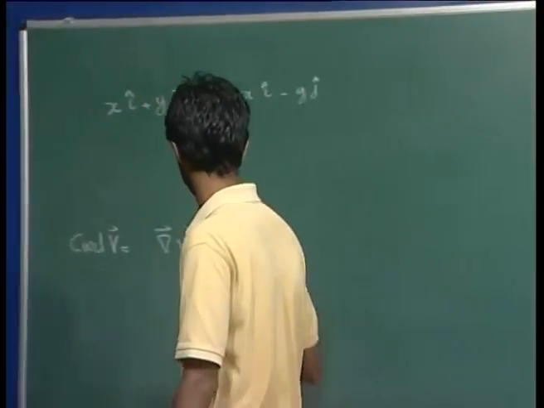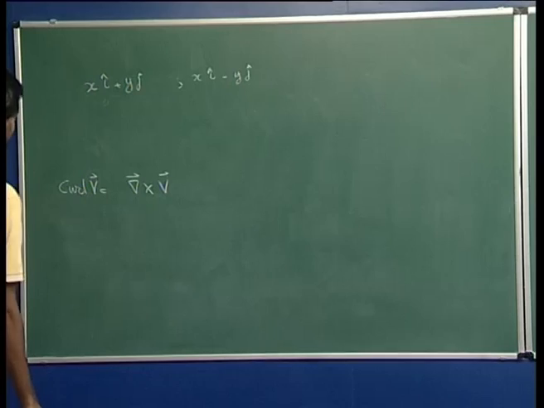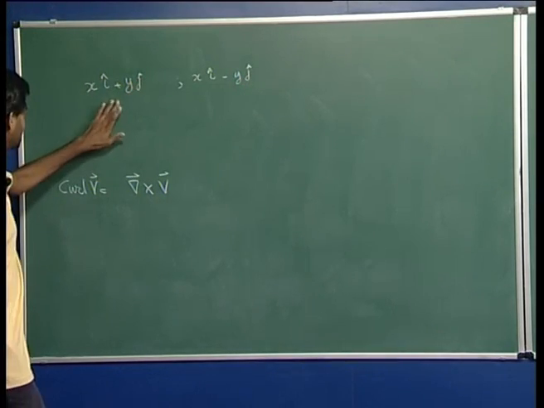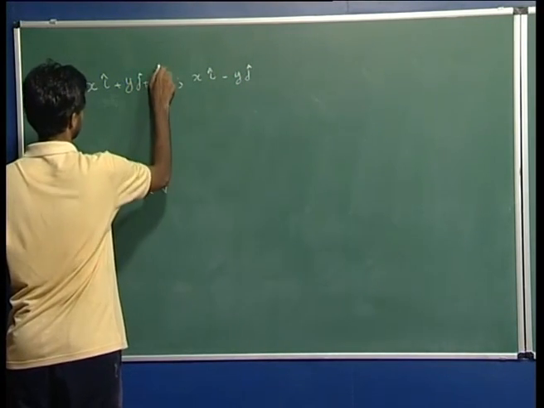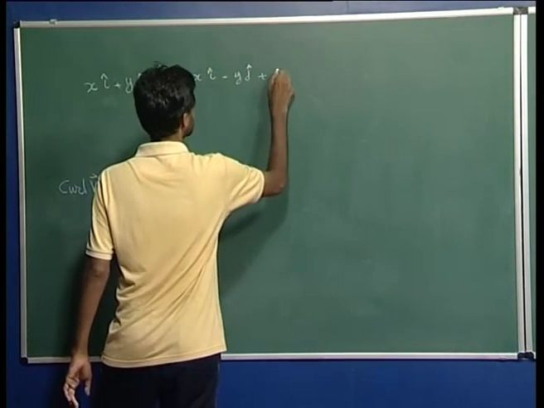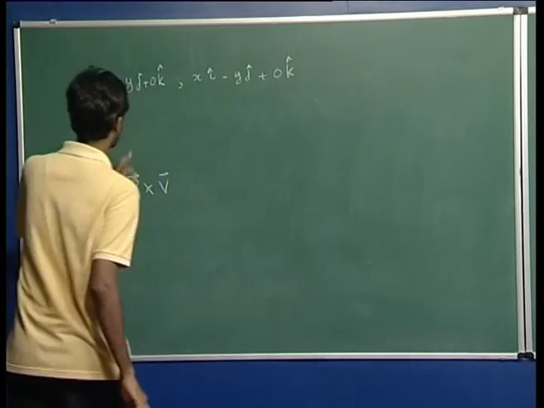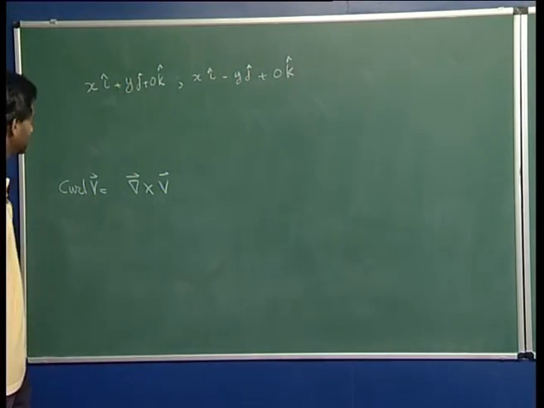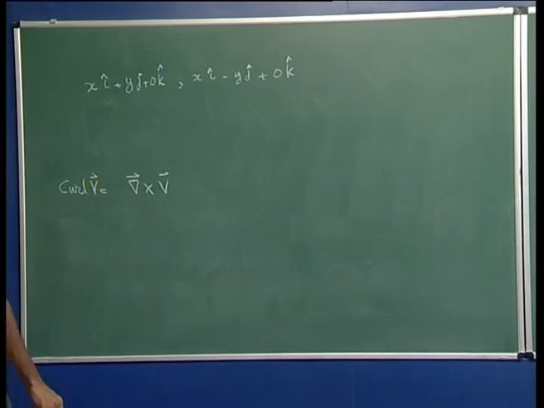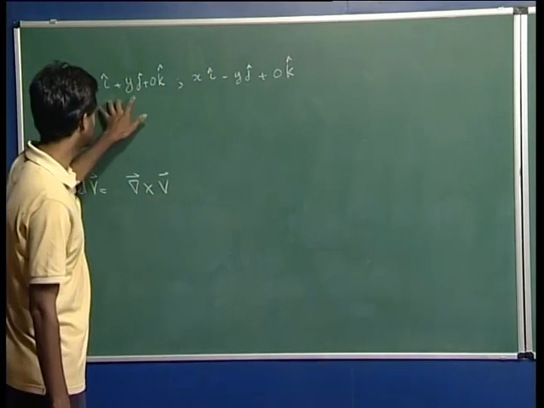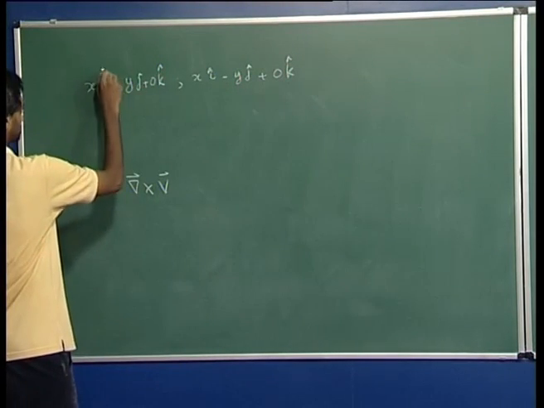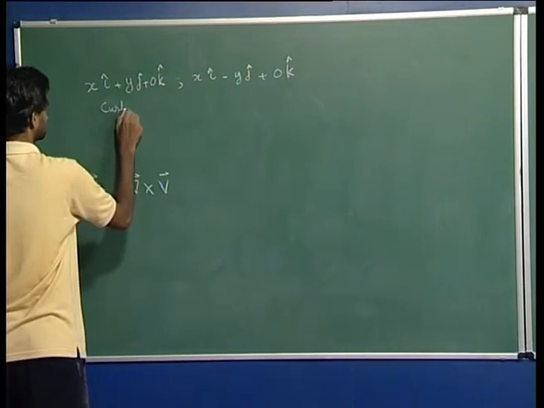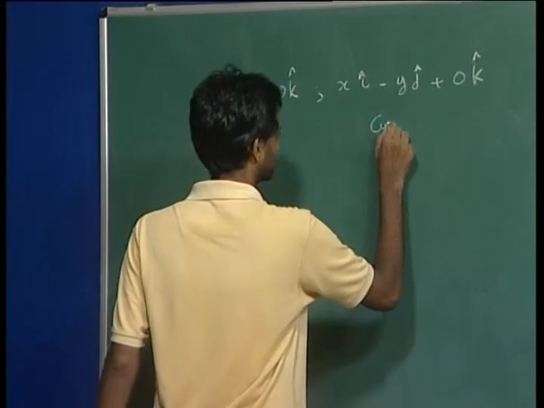So, you need a 3-dimensional vector V in order to think of a curl. Now, to make this a 3-dimensional vector, I make it 0 k. So, the k component is 0. So, these are vectors in the xy plane, and if you calculate the curl for these two fields, the curl equals 0.